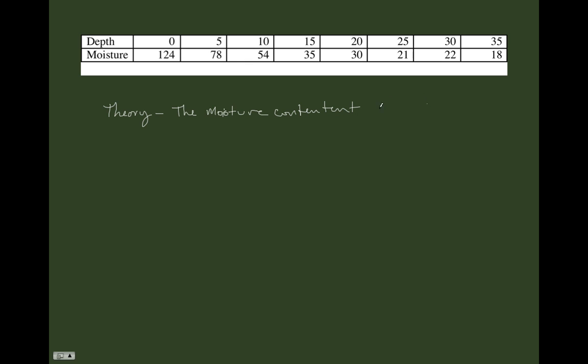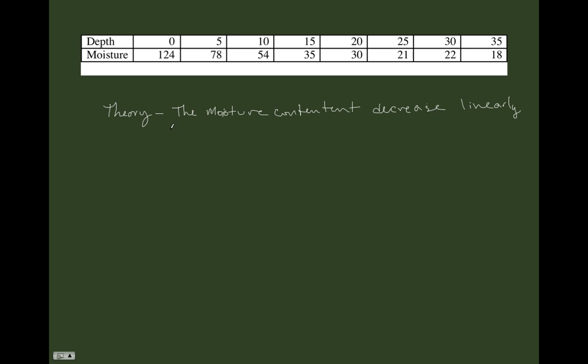Of course we're going to start out with a linear model, because we always start with a simple model, linear. The theory that makes sense is that the moisture content decreases linearly.